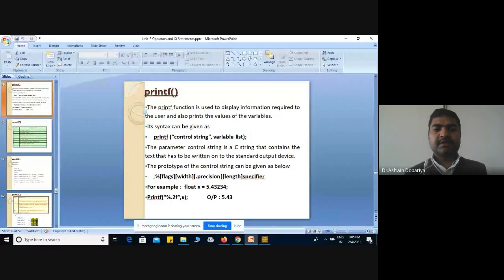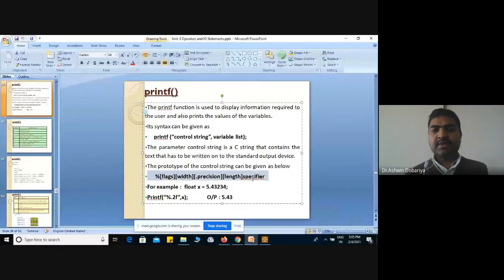Yes, percentage and specifier. In between, we can mention four things. Which are those four things? Flag, width, precision, and length. But all are represented in brackets. Brackets mean all are optional. Optional means no need to mention, right?